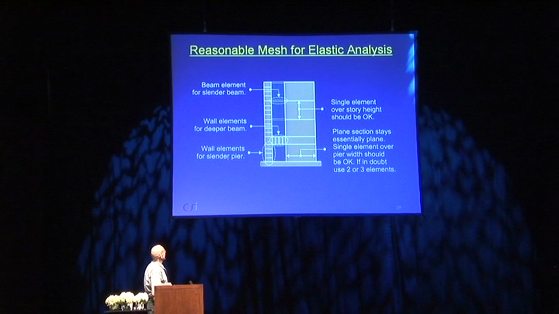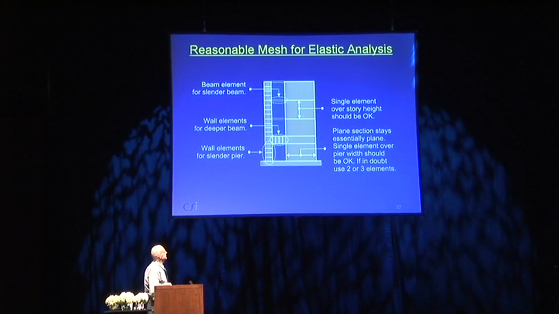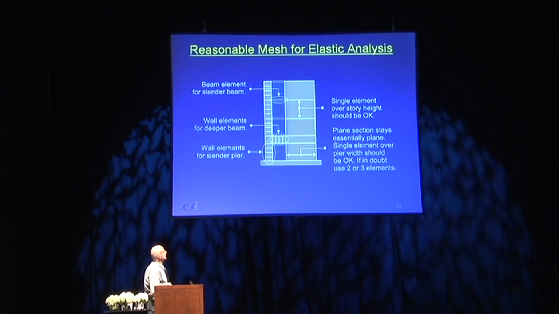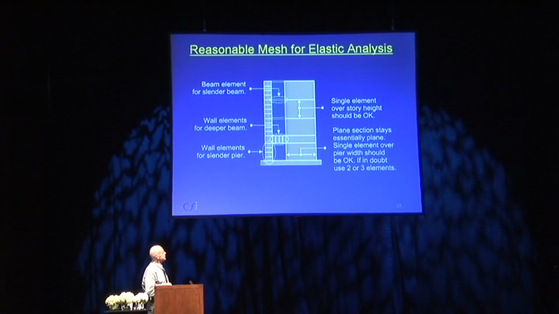For a slender pier, wall elements and 2 to 4 elements along the length. For the wide pier, which is basically a vertical cantilever, you really have 1 element over each of these stories. So a single element over the story height, I think, should be okay. There's no reason to use more than that.